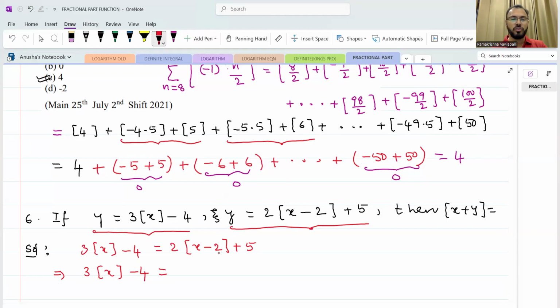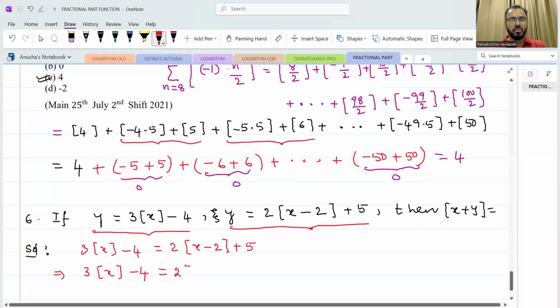You can bring out the minus 2 outside of that bracket. So I can write this is 2 into integral part of X minus 2, further 2 into integral part of X minus 4 plus 5. This is equal to 2 into integral part of X plus 1.